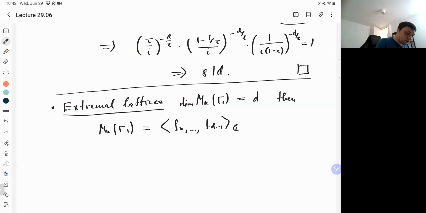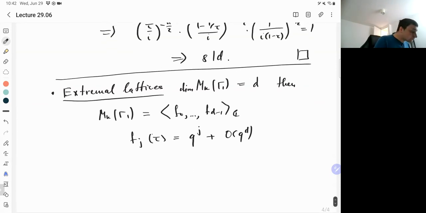There is a basis such that each function in the basis has only one non-zero coefficient between 0 and d minus 1, and the rest of the terms are at least q to the d and higher. That's why I called it an echelonized basis or echelon basis.